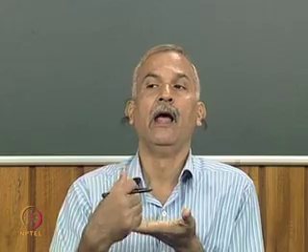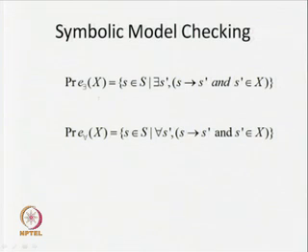So, in the model checking algorithm, our basic requirement is to find the predecessor states, and we can find them with the help of these two operators, pre there exists x and pre for all x. In mathematical notation, pre there exists x collects all those states s belonging to S such that there exists an s dash with a transition from s to s dash, and s dash belongs to x.